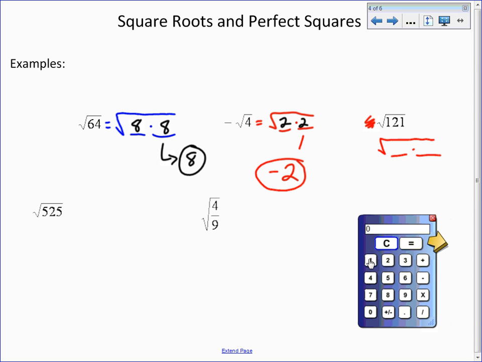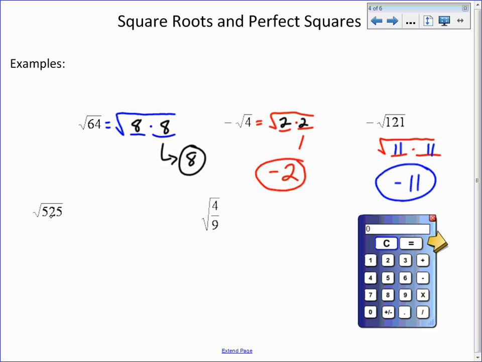Let's try 11 maybe. 11 times 11, and we get 121. So we found out that 11, or the square root of 121, equals 11. Don't forget that it was a negative, so we'll tack that on, and we're good. So again, we're using the calculator to simply help us find this 121. I don't want you to just type in square root 121. You need to understand the process.